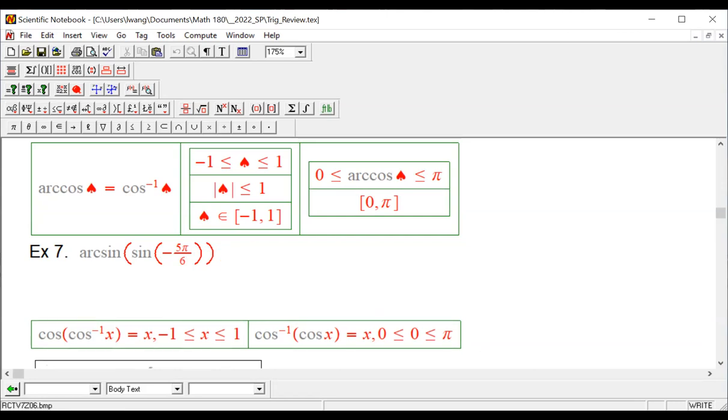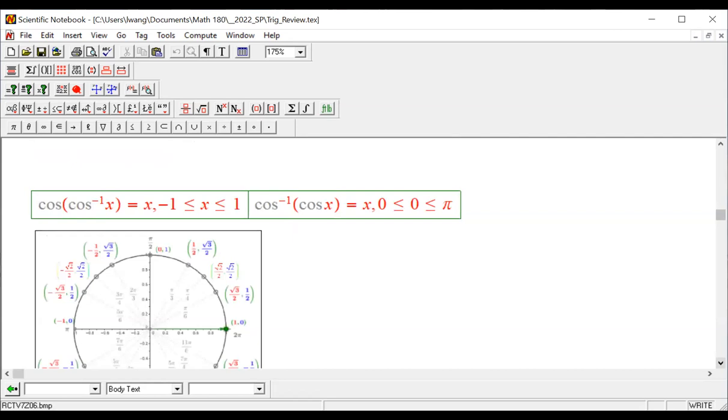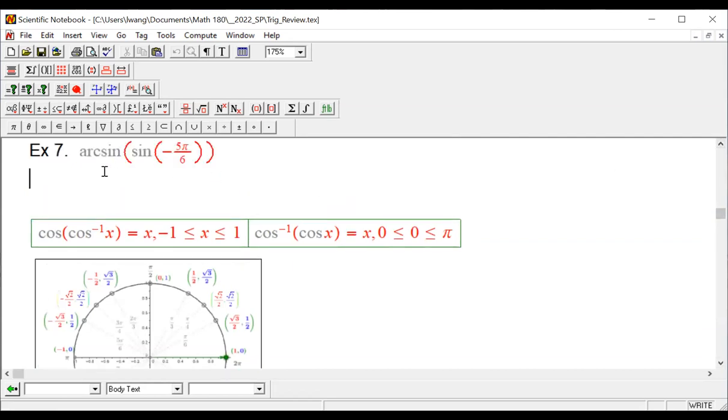Does the shortcut apply here? Probably not, right? You can write it this way too, arc sine. Does the shortcut apply? No, it doesn't.